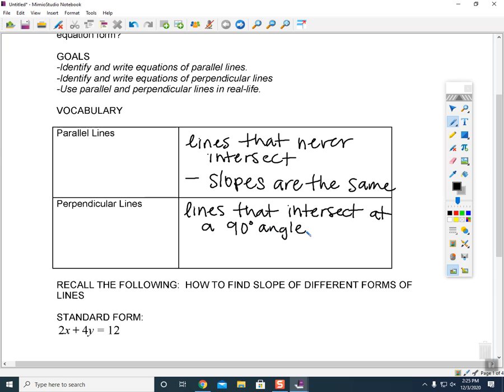And what we know about their slopes is that their slopes are opposite reciprocals, meaning that they are opposite and then flipped, right? So if I had a slope of 2, the opposite reciprocal of 2 is going to be negative 1/2. So perpendicular lines, opposite reciprocals.